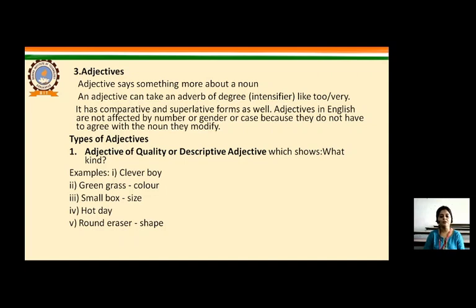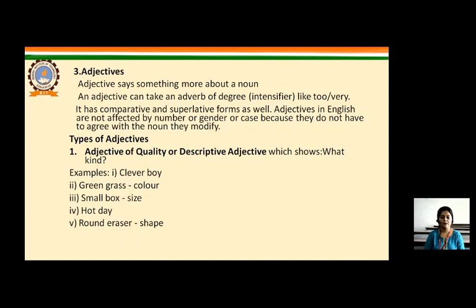The first category of adjectives that we will discuss is adjective of quality or descriptive adjective. As you can know from the name itself, their basic function is to simply describe the noun, tell a little detail about the particular noun.